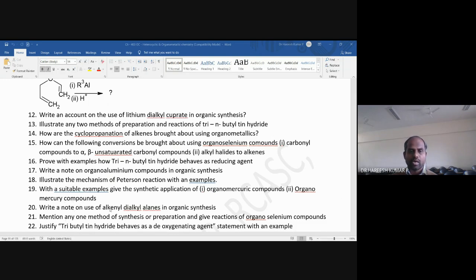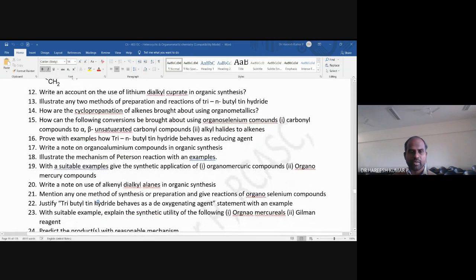So write a note on the use of alkynyl dialkyl alanes in organic synthesis. So it's a direct question on alkynyl dialkyl alane in organic synthesis. So mention any one method of synthesis or the preparation and give the reactions of organoselenium compounds.